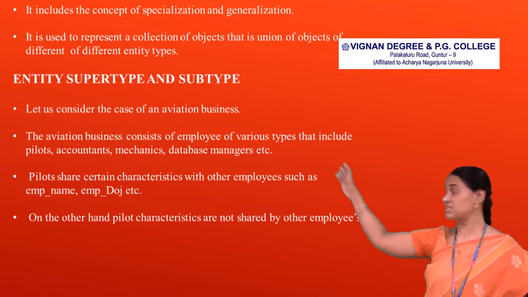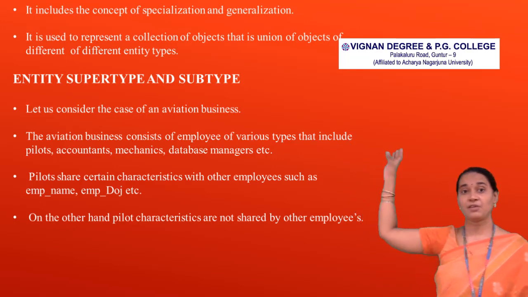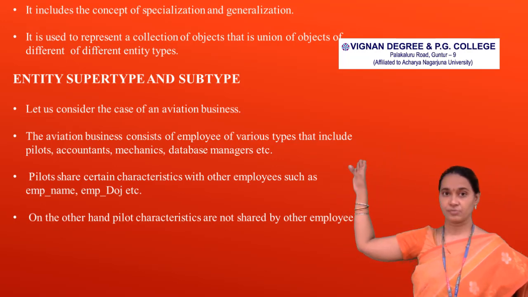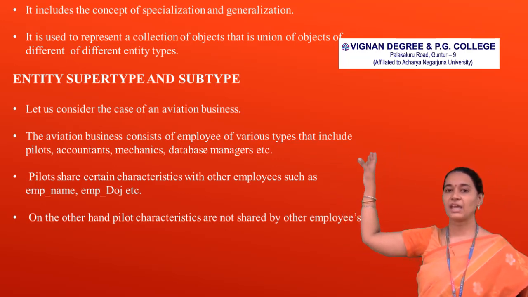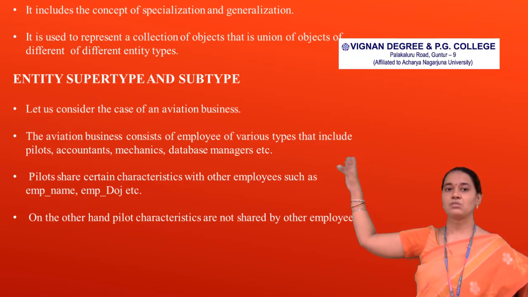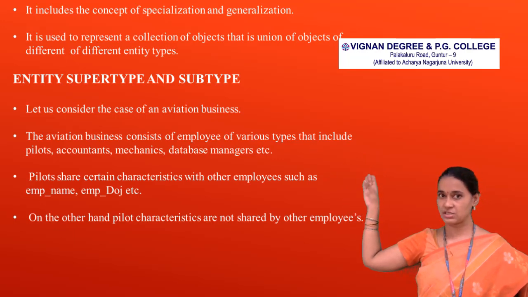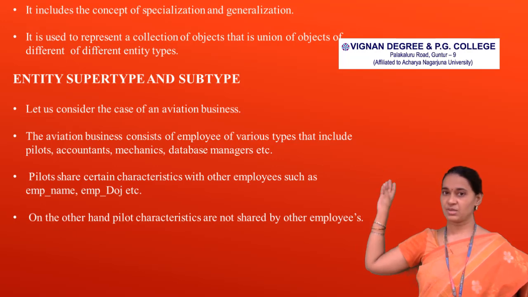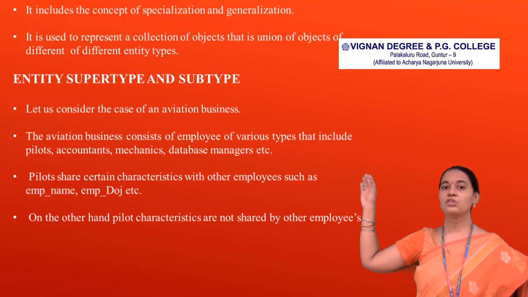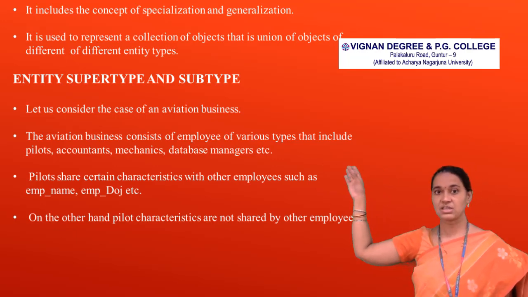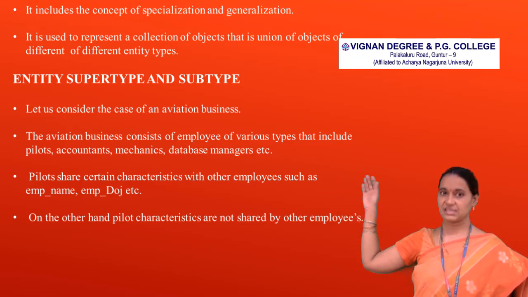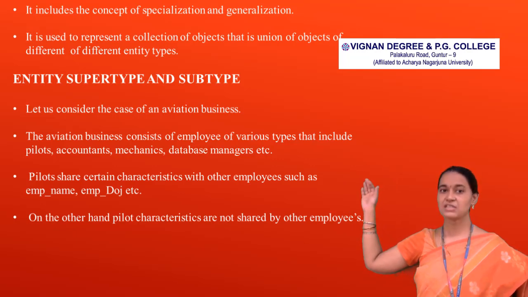Coming to the first definitions: what is an entity supertype and what is an entity subtype? Let us consider an example of the aviation business. In the aviation business, there are different employees, which include pilots, accountants, mechanics, database managers, etc. There will be different categories of employees: some will be pilots, some accountants, some mechanics, and some database managers.